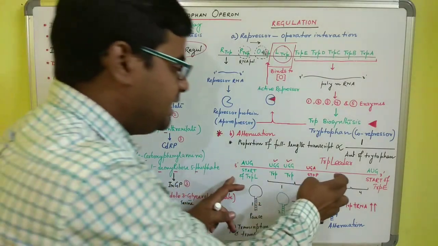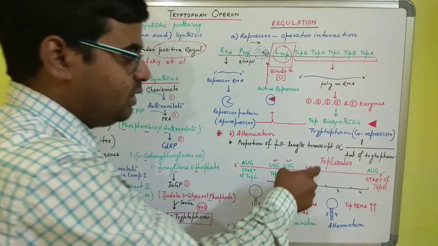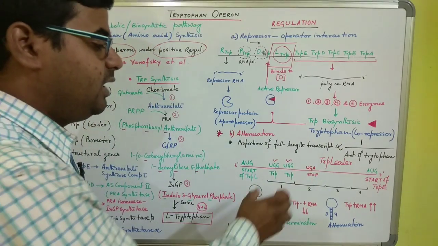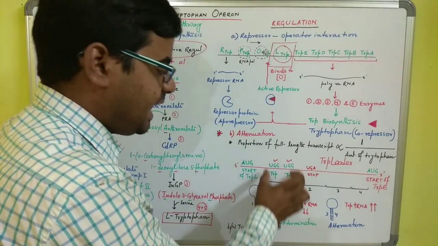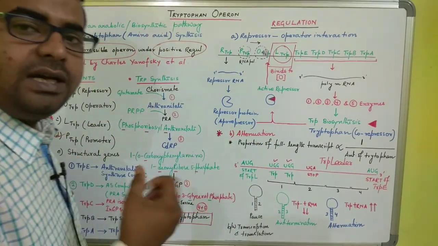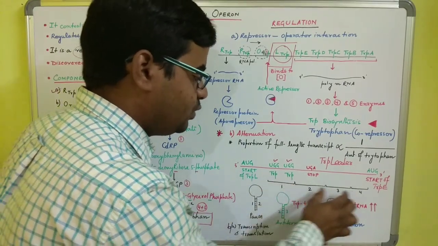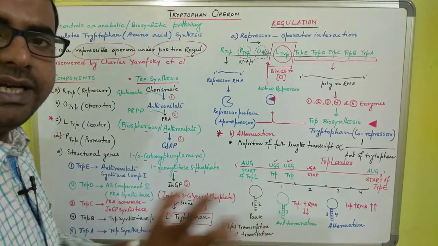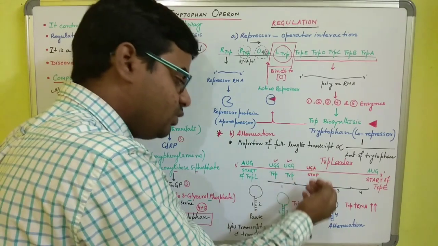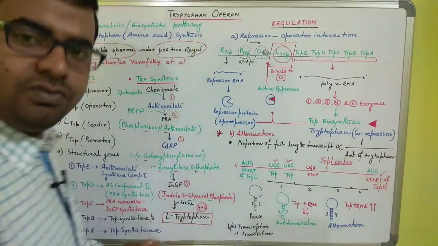Within this leader sequence, there is its own initiator codon, its stop codon, and between them two tandem codons for tryptophan. It also has 4 regions, 1, 2, 3, 4, which are complementary to each other: 1 is complementary to 2, 2 is complementary to 3, and 3 is complementary to 4.